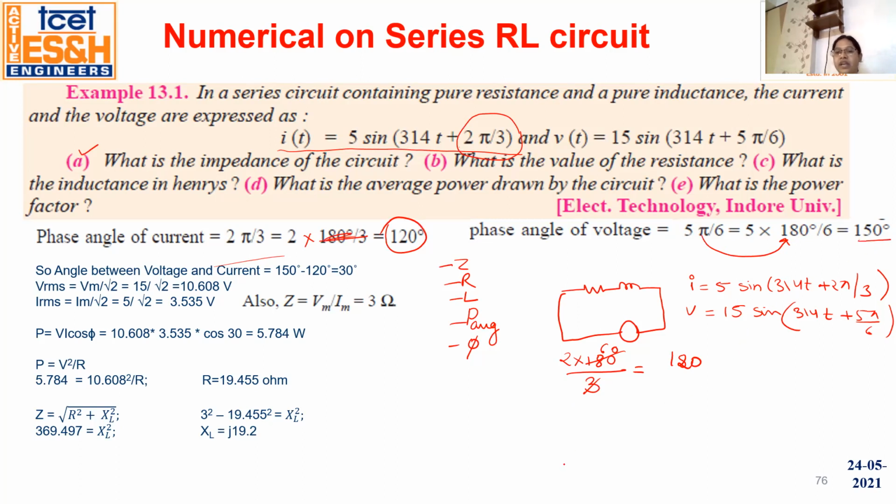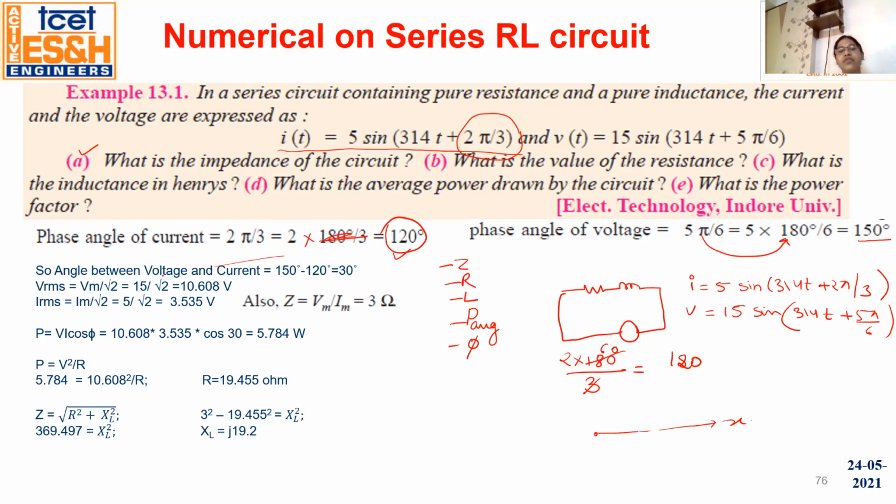It means that if you take a reference, suppose this is the x-axis, your current is at 120° ahead from this. So this is the value of the angle of your current.